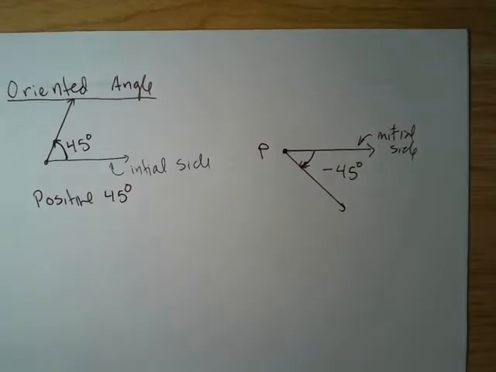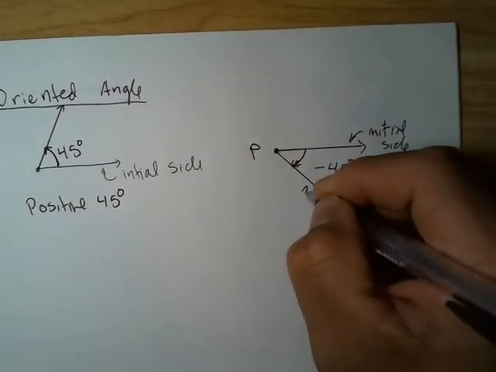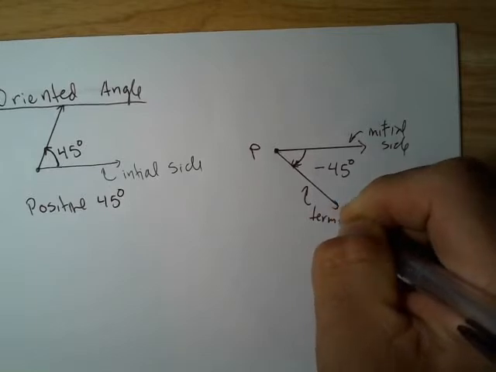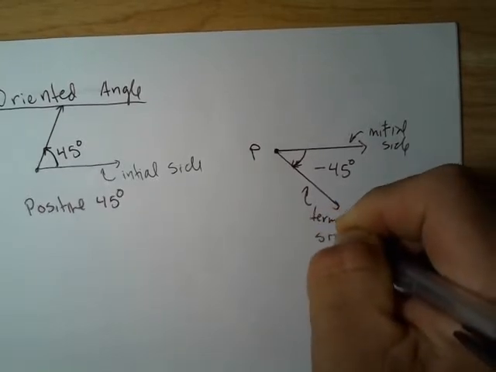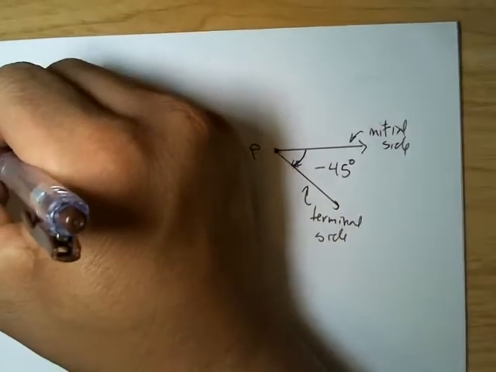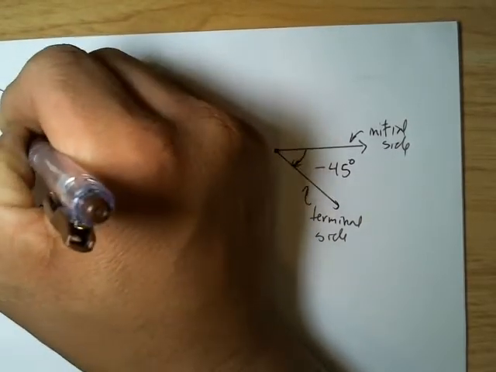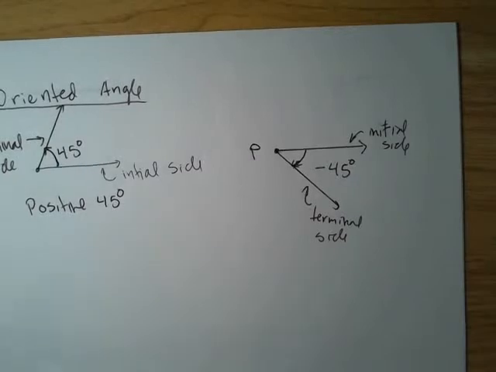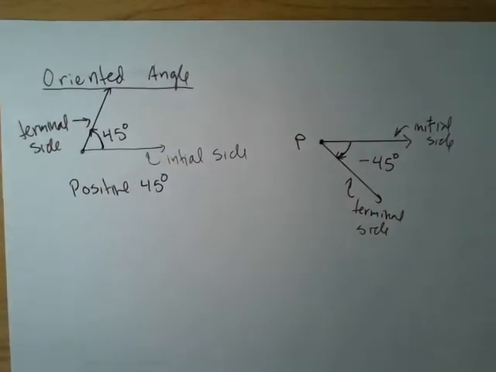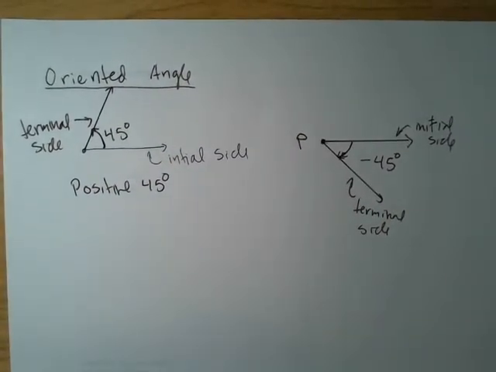This is the initial side, and where it ends is appropriately called the terminal side. Now we've established a sense of direction relative to the initial side: counterclockwise is positive, clockwise is negative.